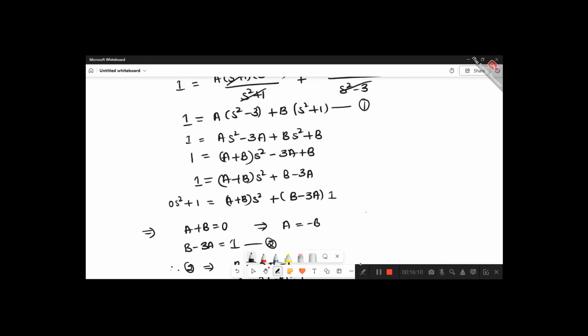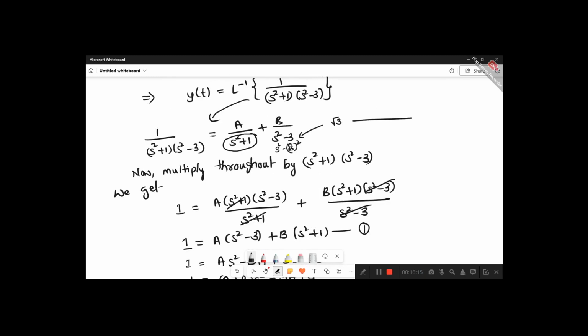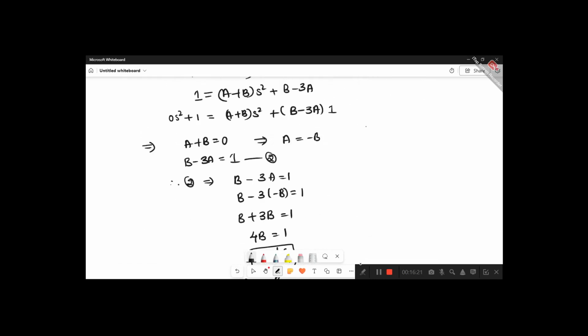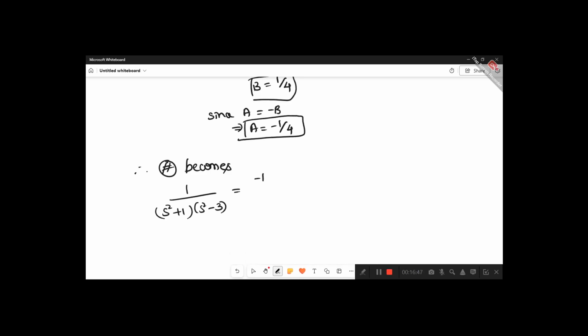Therefore hash becomes 1 by s square plus 1 into s square minus 3 is equal to a value, minus 1 by 4, by s square plus 1, plus b value, 1 by 4, by s square minus 3.